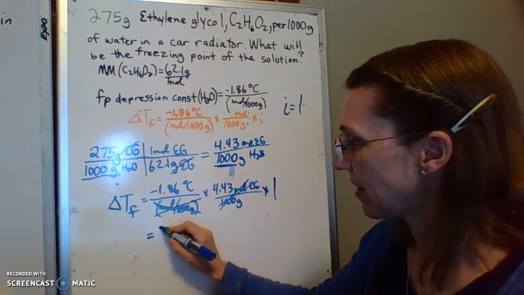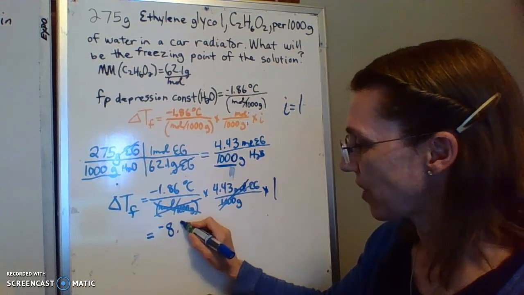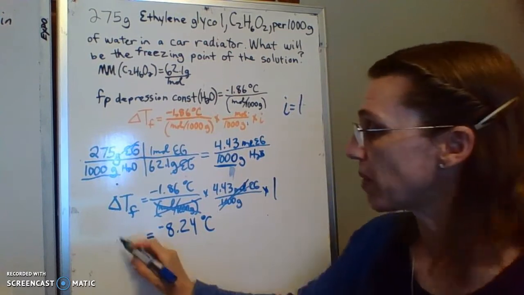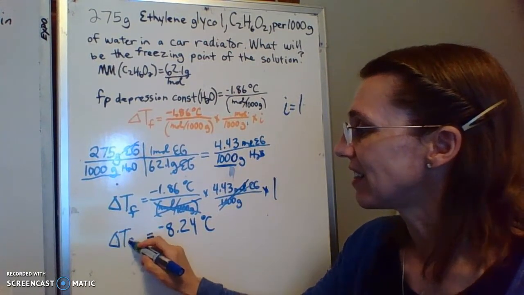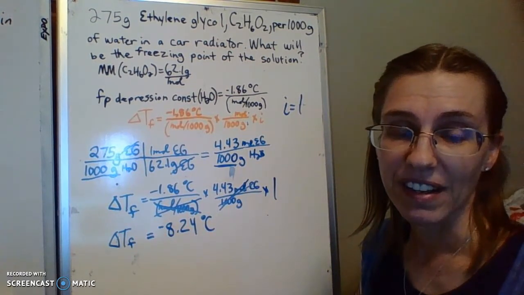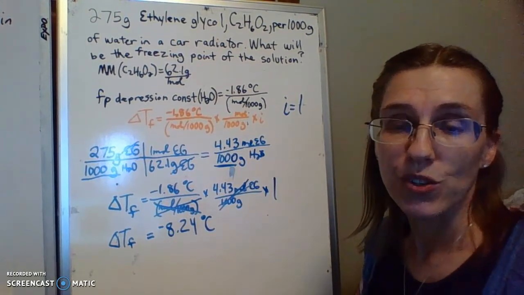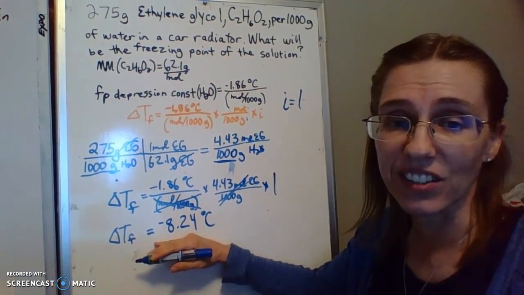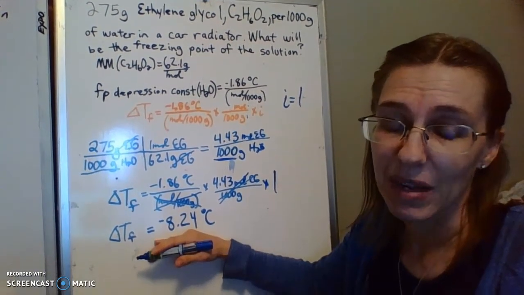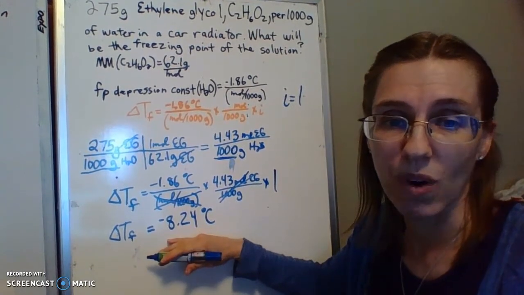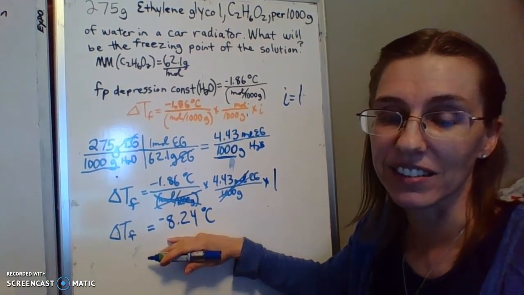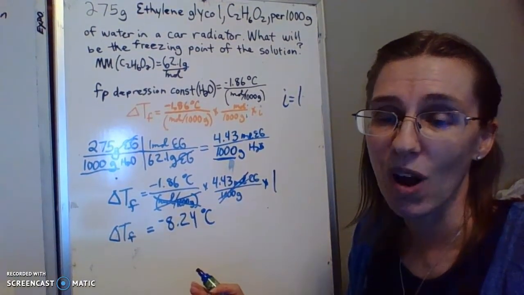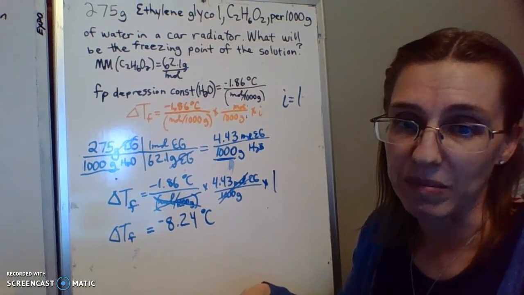And we should get 8.24 degrees Celsius. Remember, that is our delta T sub F. It's a change in the freezing point. So if we want to know the actual freezing point of water, and you just do this calculation, I'm going to have to take some points off. Because that's not the actual freezing point of water. Not with that calculation. I want you to actually show me the next step. Because if it's anything but water, it's not going to be the same number.